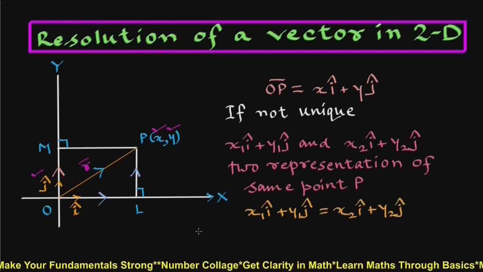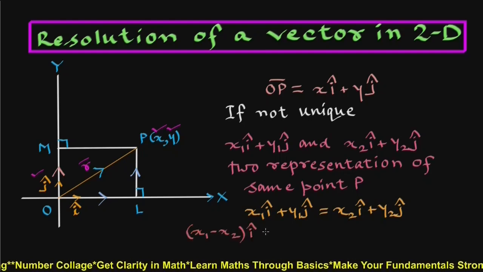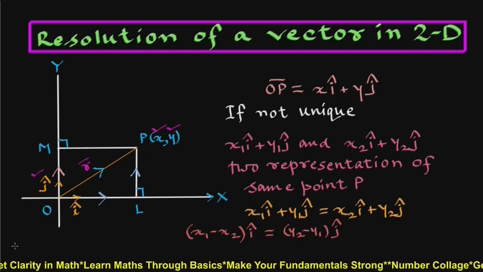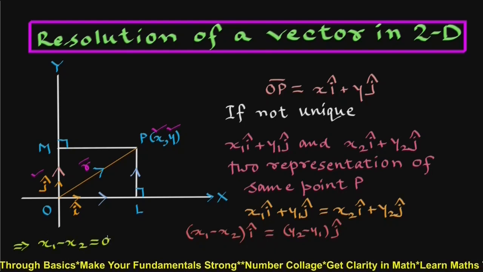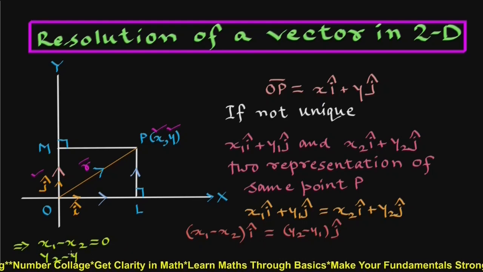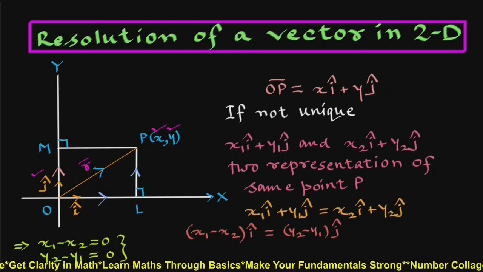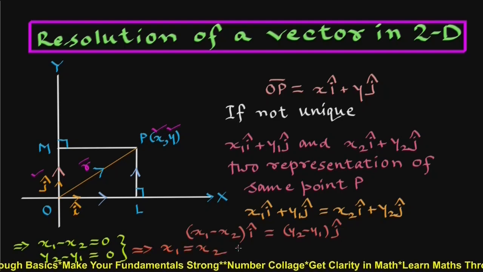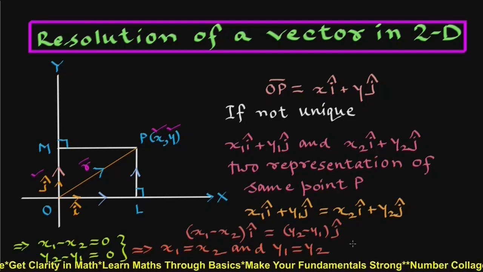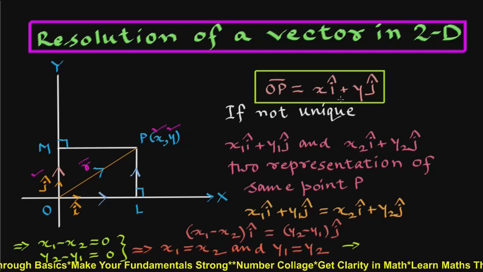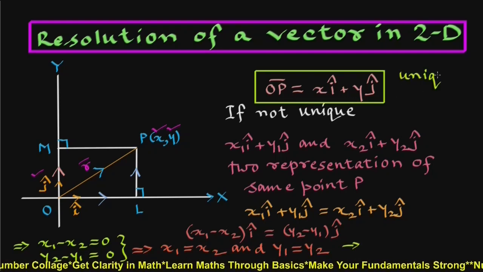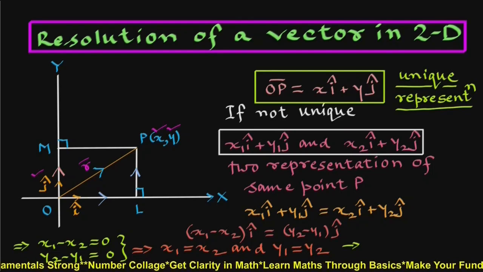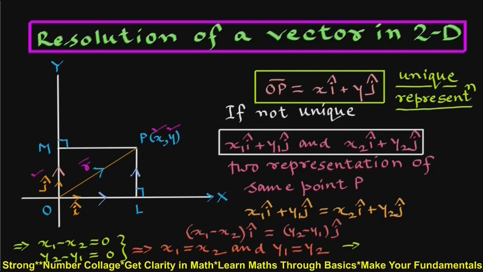Rearranging the terms, (x1 minus x2) i cap equals (y2 minus y1) j cap. That implies x1 minus x2 equals 0 and y2 minus y1 equals 0, and this together implies x1 equals x2 and y1 equals y2. Hence, OP bar equals x i cap plus y j cap is a unique representation and not these two representations. In fact, they would be one and the same.